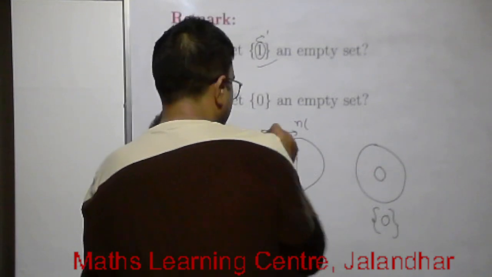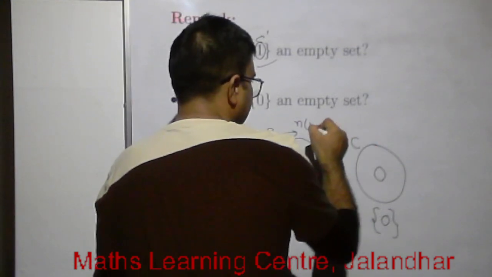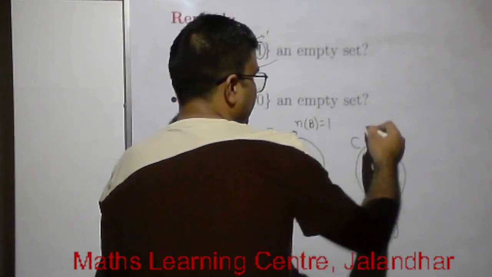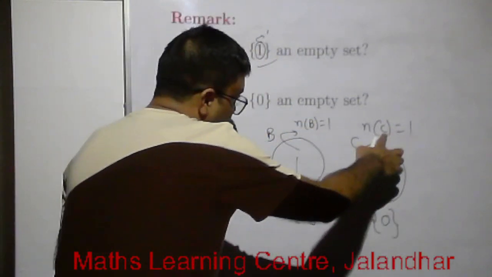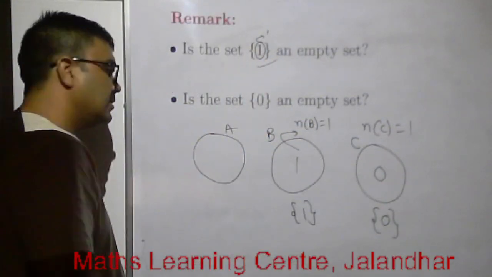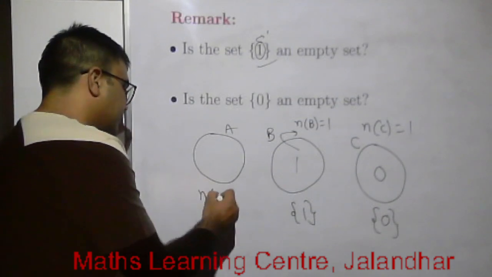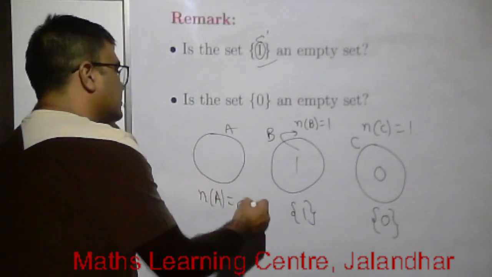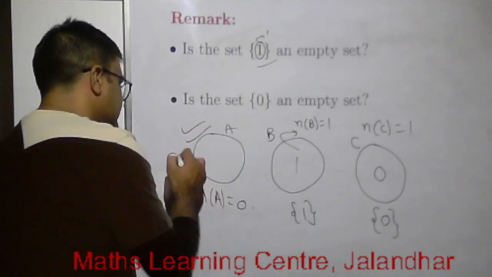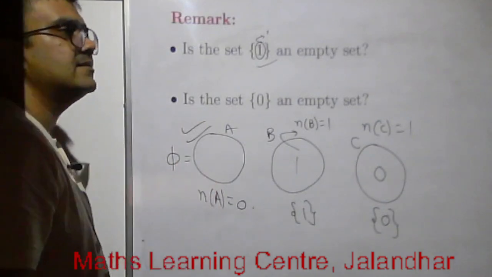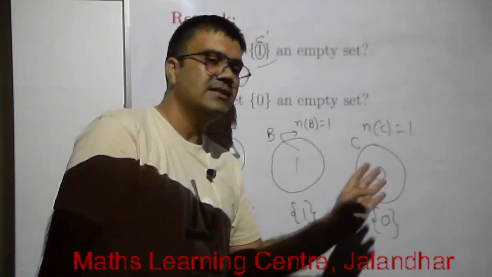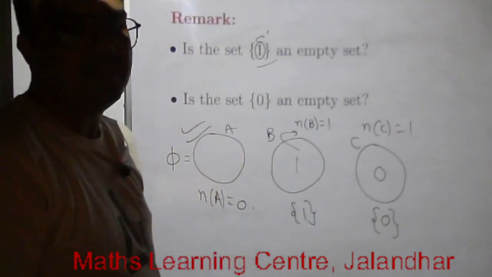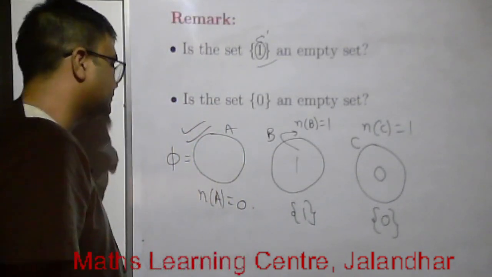Say this is the set A, this is the set B, and this is the set C. The number of elements in B is 1. The number of elements in set C is 1, and that element itself is 0. And the number of elements in the set A is 0. So this is the empty set. But these two sets have one element, so these two sets are not empty sets.